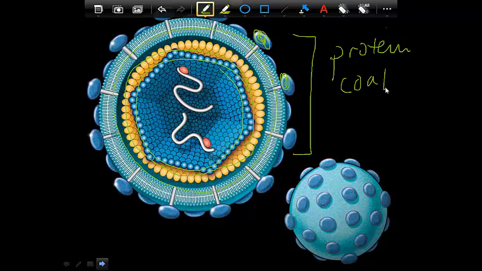Some viruses do have some lipids, like a lipid bilayer, as part of their coat as well, but it's typically mostly proteins with a little bit of lipids included.